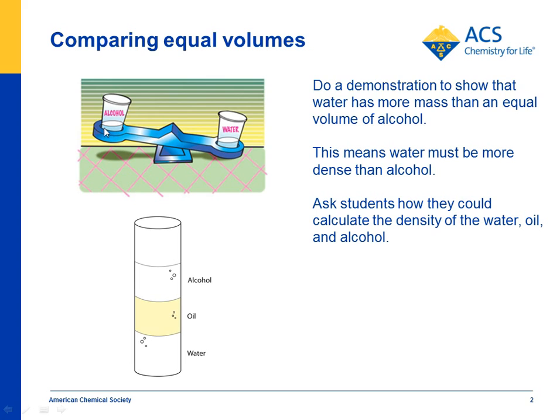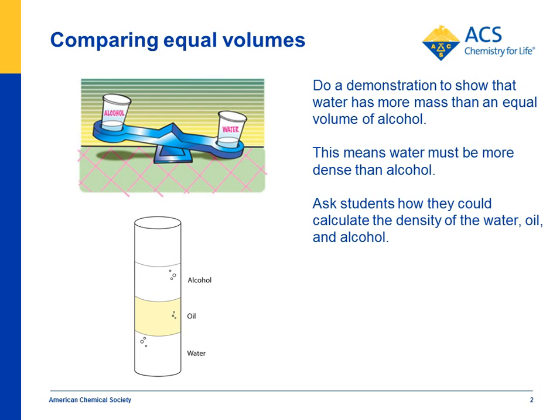This is isopropyl alcohol, a 70% solution, and 50 mL of water. If you compare equal volumes, you'll see that the water weighs more. Since it has more mass and density is mass per unit volume, and you're comparing equal volumes, the water must be more dense. So then the question is, well, if alcohol is less dense than water, what about oil?